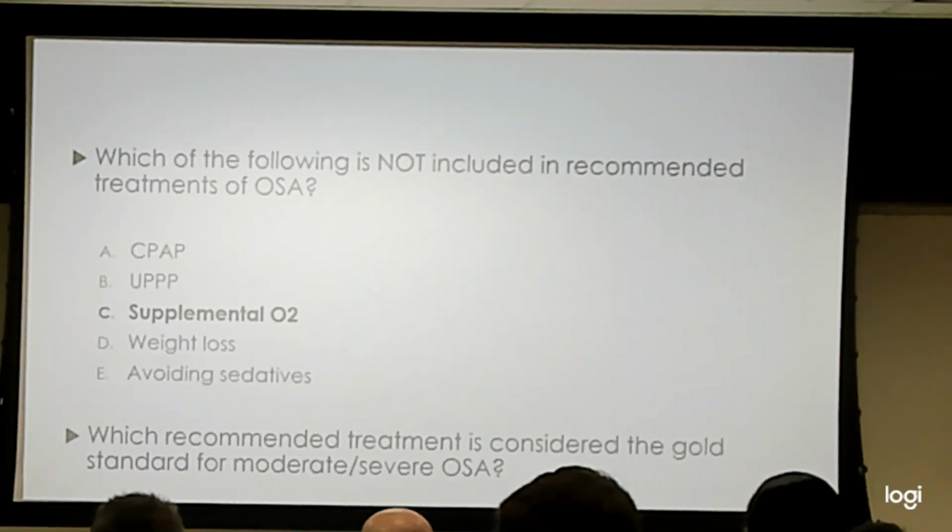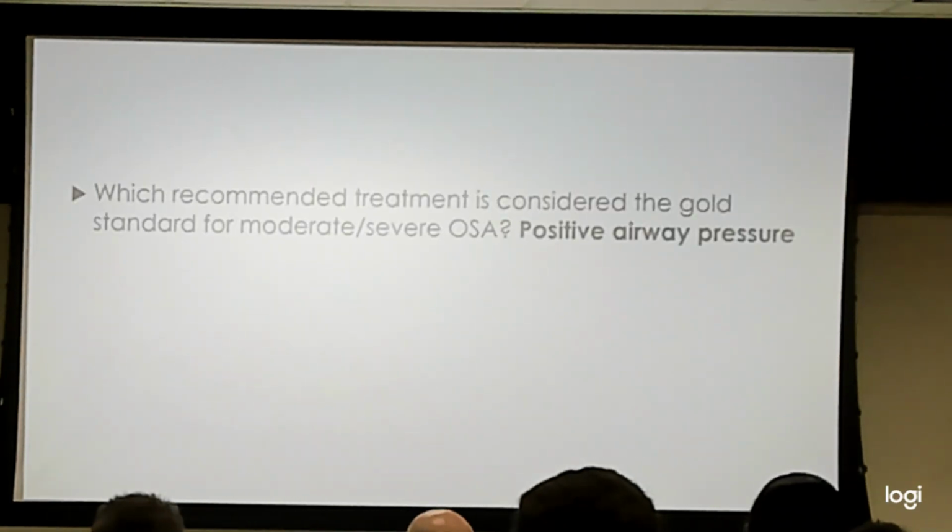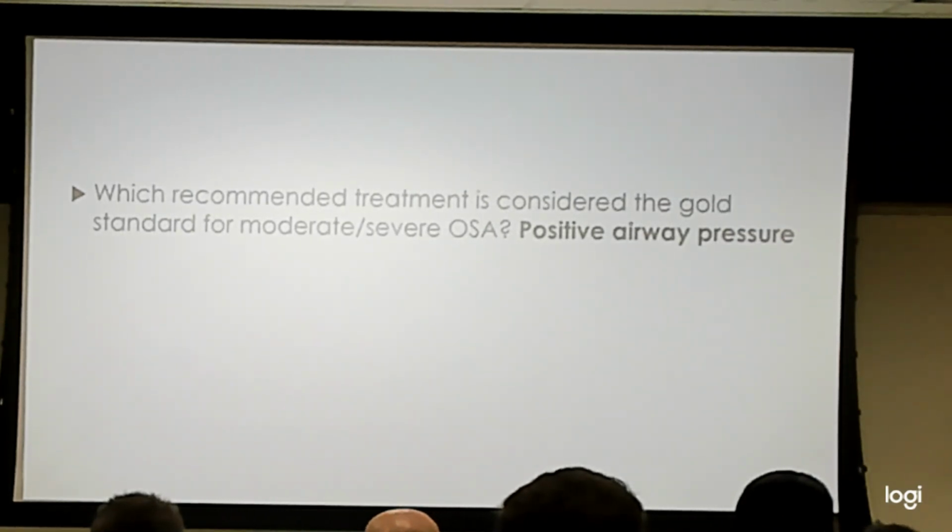And which one of those is the gold standard for moderate to severe? CPAP, positive airway pressure. Now in an ICU, you're not going to necessarily use a CPAP, you're going to use other PAPs. Lots of fancy PAPs. But CPAP for outpatient treatment.